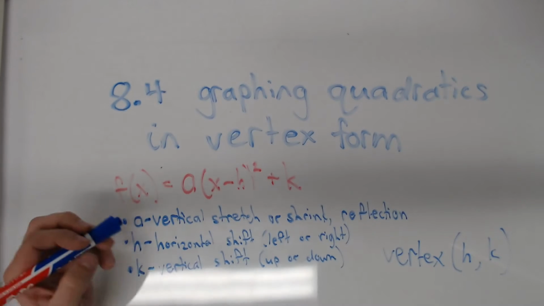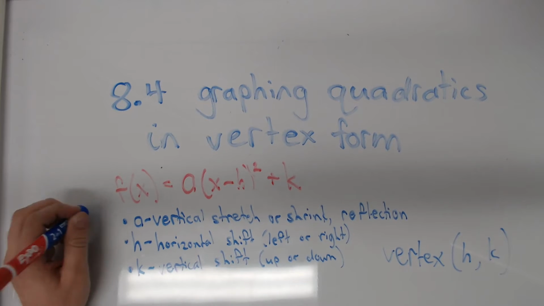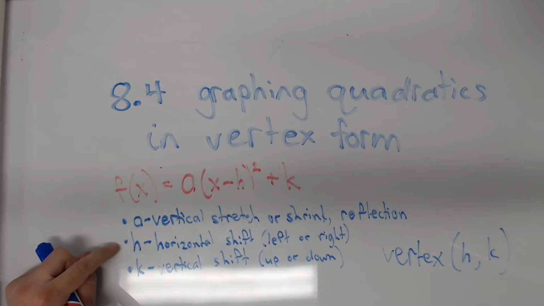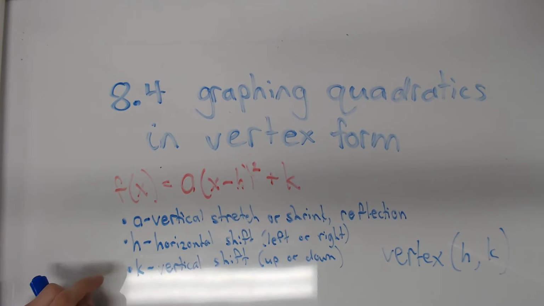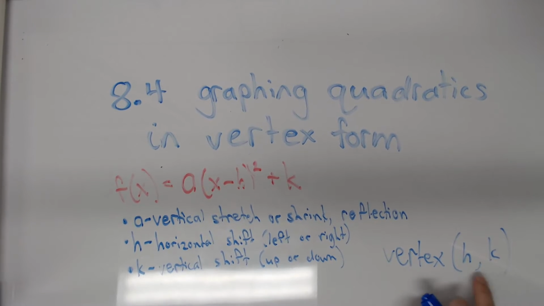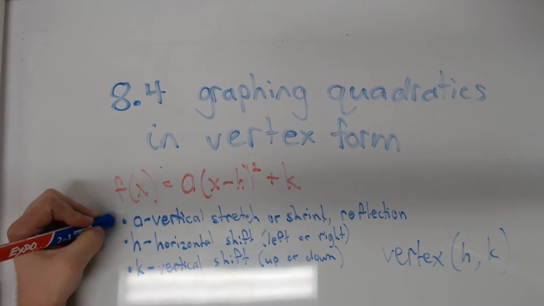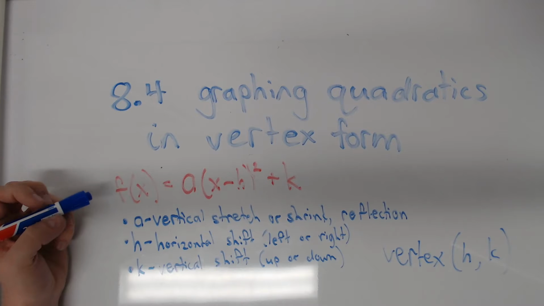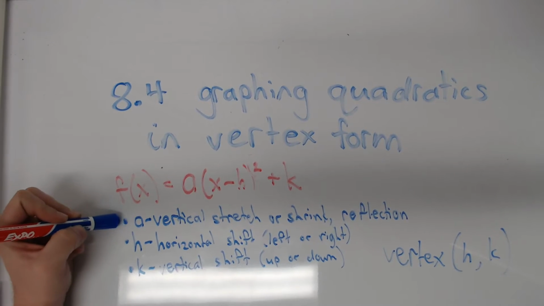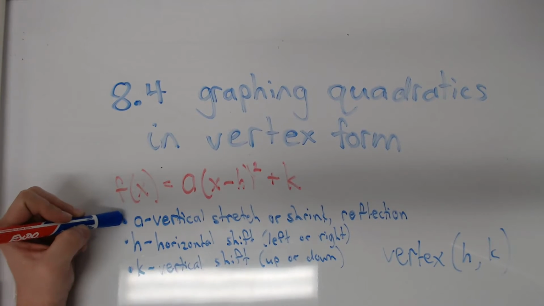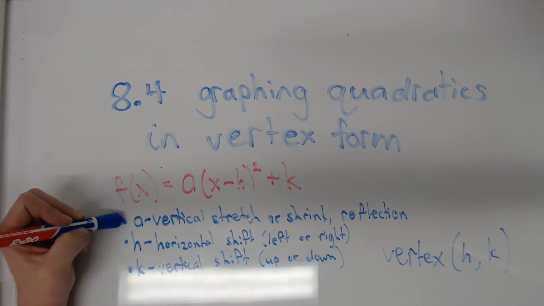So basically what we're doing is we're taking our vertex and moving it left or right a certain amount, and then up or down a certain amount, so it ends up at h comma k. A will change the shape and make it taller and skinnier, or flatter and wider, but that has nothing to do with the vertex. So let's actually write a list of all of the different options here.